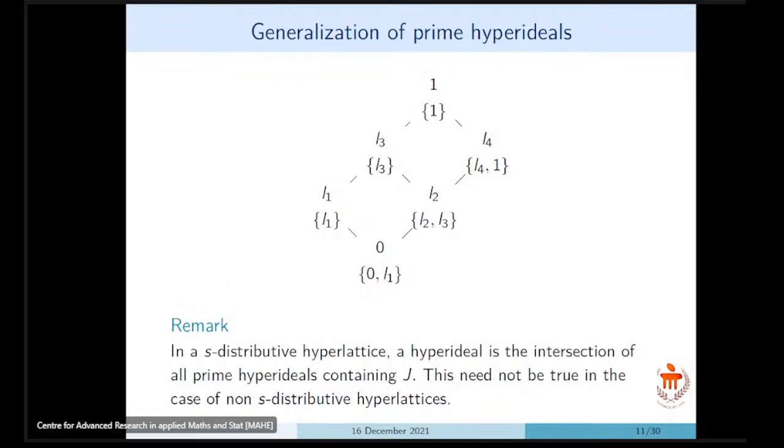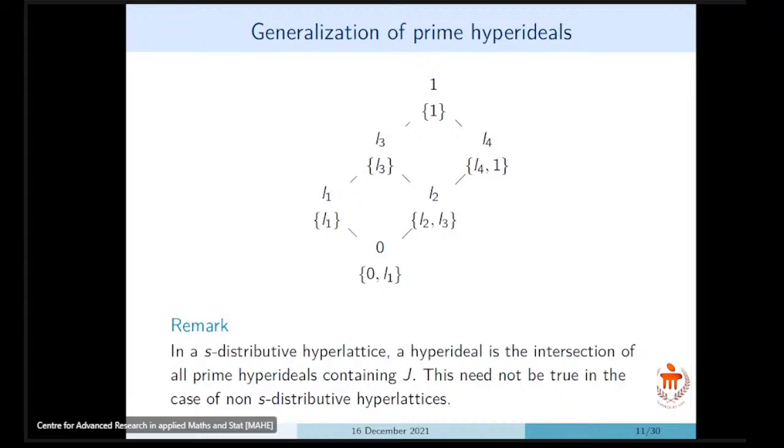So if we want the meet of two elements, say L1 and L2, then it will be the element situated below those two, where the lines starting from L1 and L2 meet. So this will be the position. And if we want the join of these two elements, L1 and L2, the operation is a hyperoperation, that is, it will map to a set.